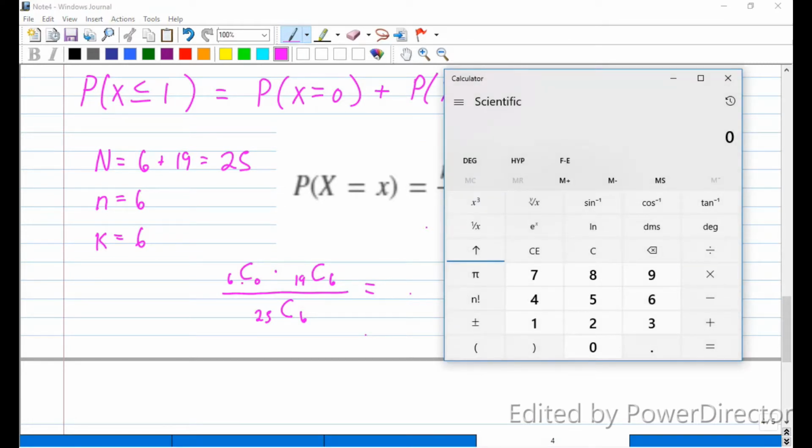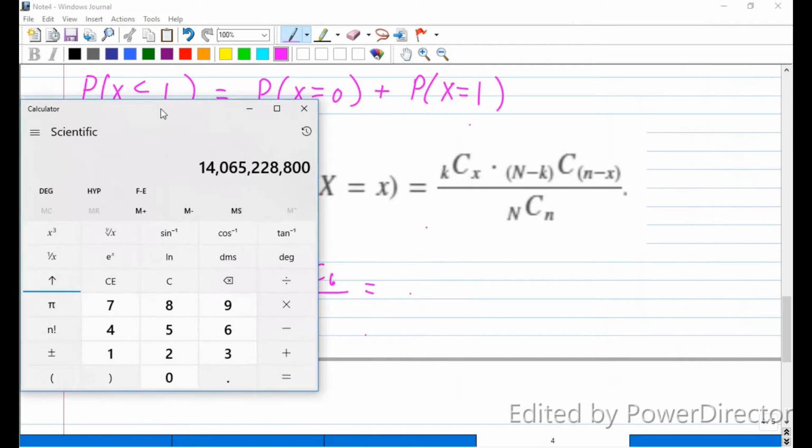All right, so 6C0, what's that going to be? Just 1. First part's 1, so I'm not going to work that out. Then 19C6, that's 19 factorial divided by 13 factorial divided by 6 factorial.